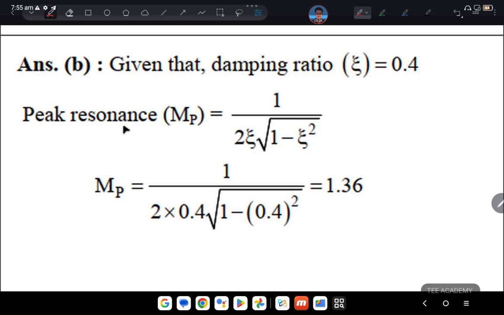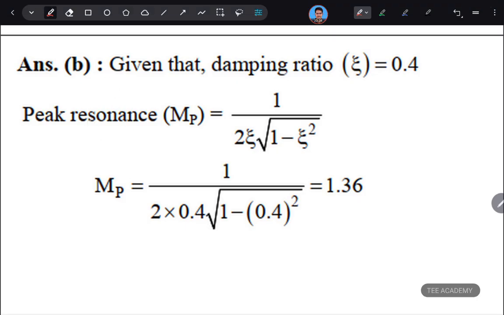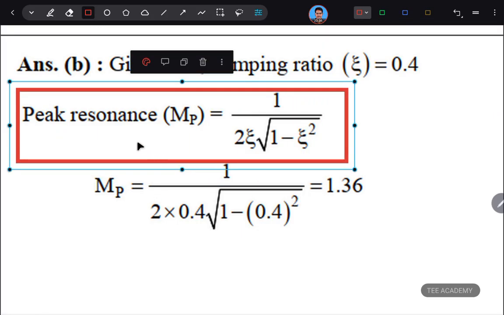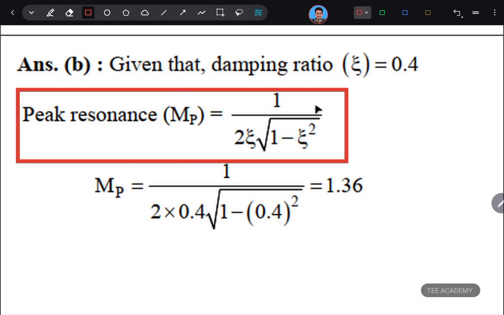The peak resonance formula I have written here: peak resonance Mp is equal to 1 divided by 2 zeta times the square root of 1 minus zeta squared. This is an important formula. So Mp is equal to 1 divided by 2 times zeta value 0.4 times the square root of 1 minus 0.4 whole squared, which is approximately equal to 1.36.